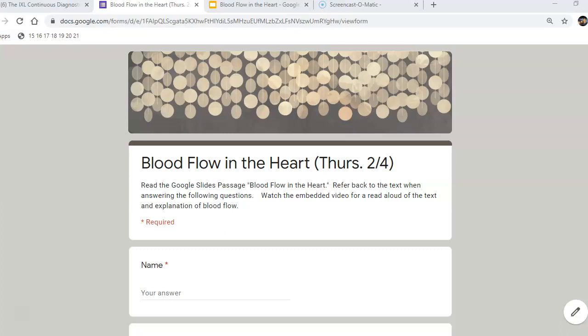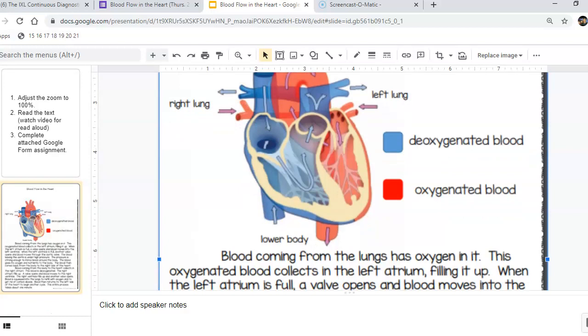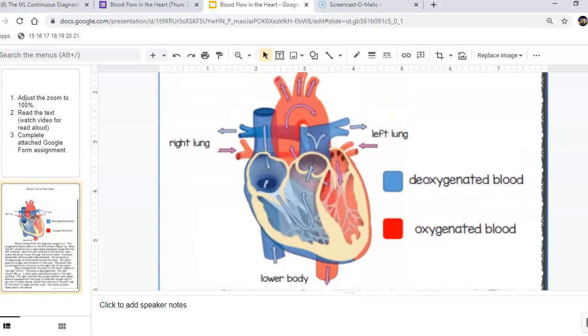But what we're really wanting to take away from this as an exiting point here is that the circulatory system, the circulation of blood, and the respiratory system, respiratory means breathing, right? The respiratory system with the lungs and the circulatory system with the heart work together. They need each other.